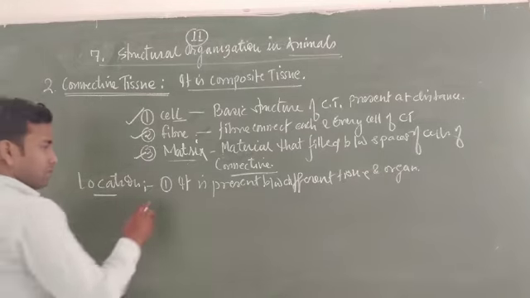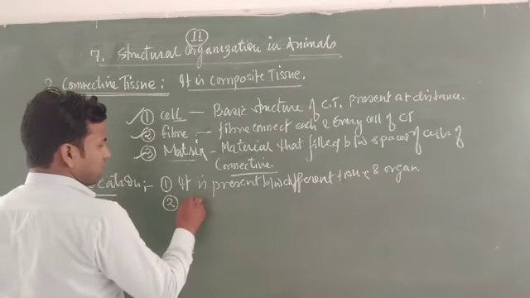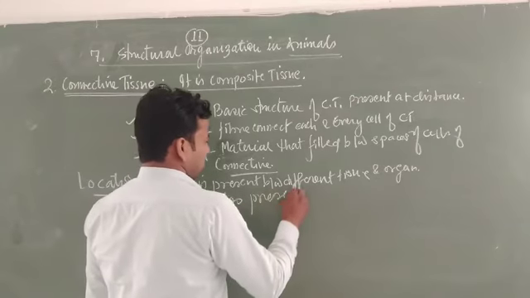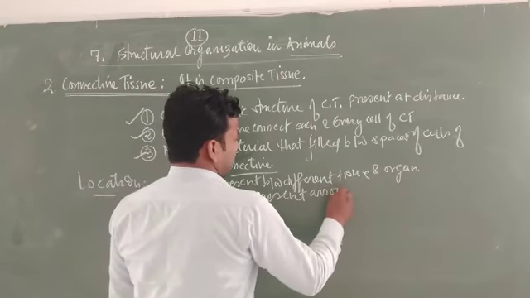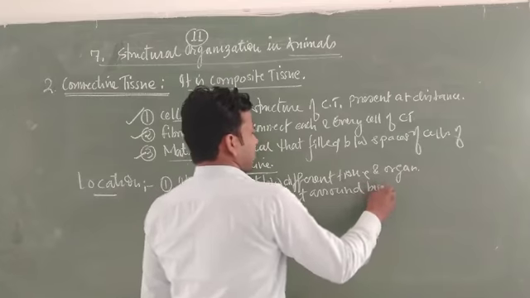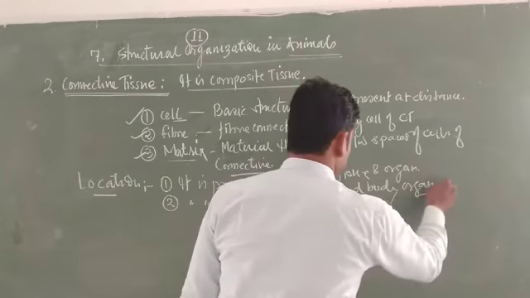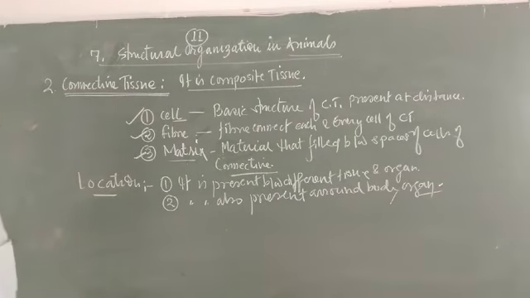Second, it is also present around the body organs. Suppose around a body organ, adipose tissue is present; this is also considered under the locations of connective tissues.